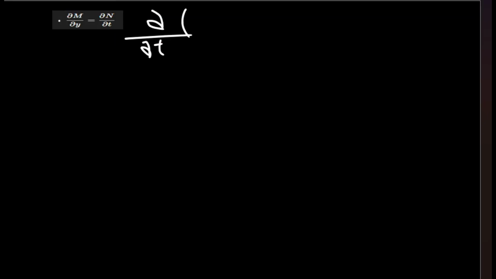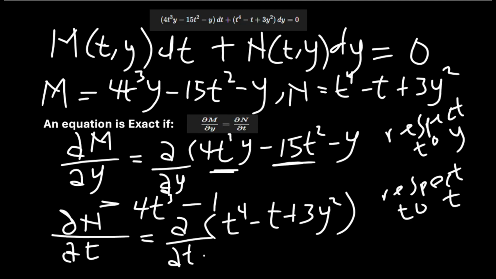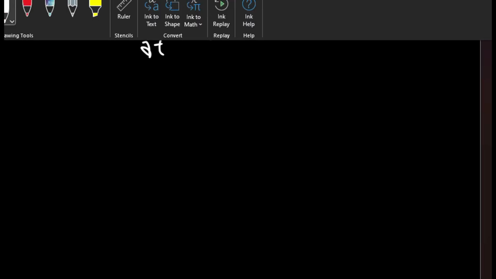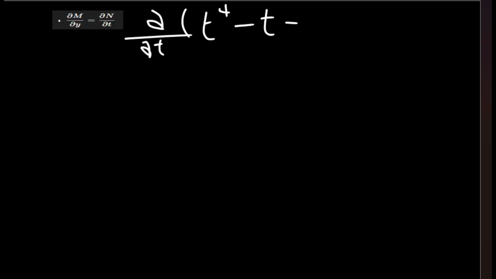What I was saying was every term that does not have t goes to 0 because it is with respect to t. Now let's differentiate the t.